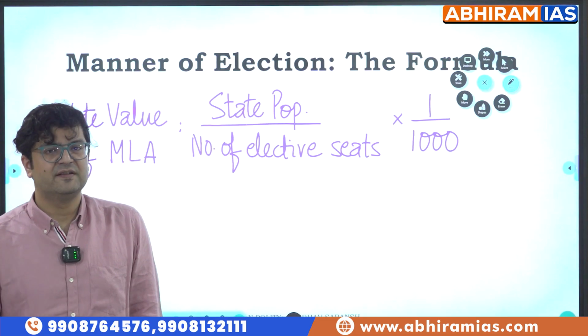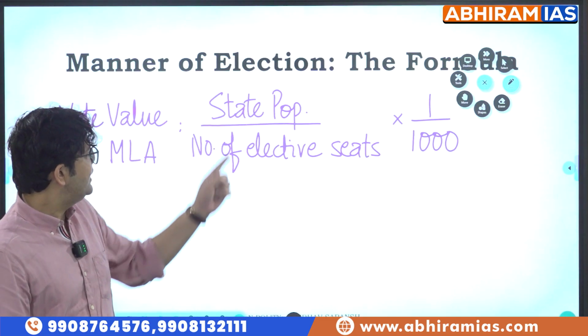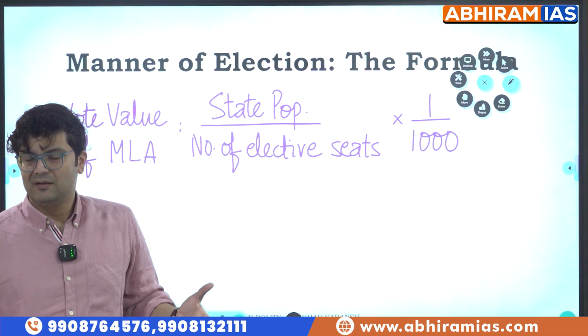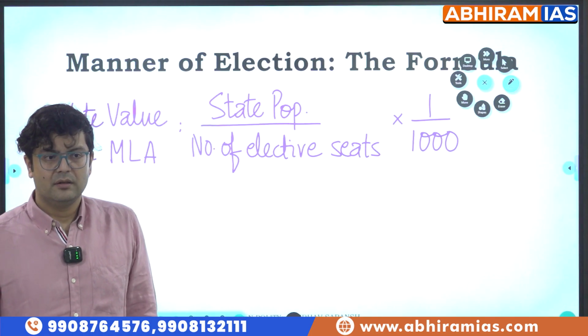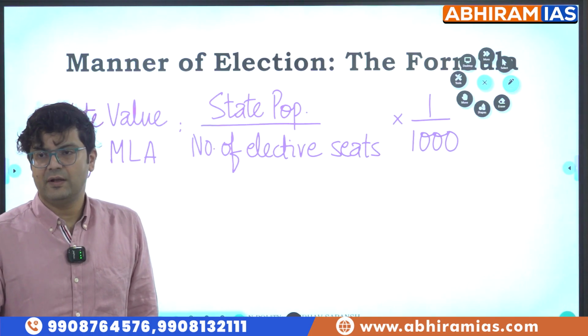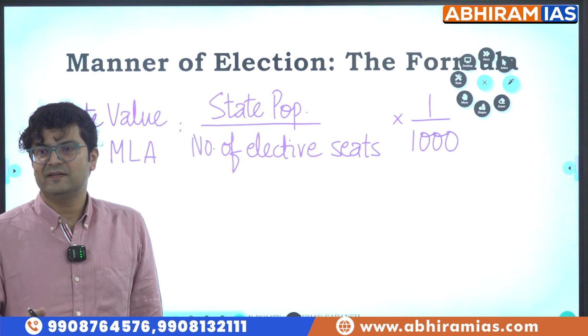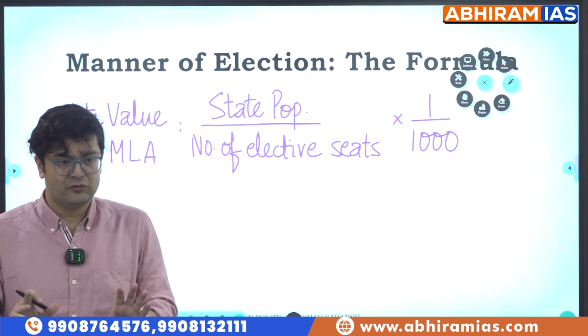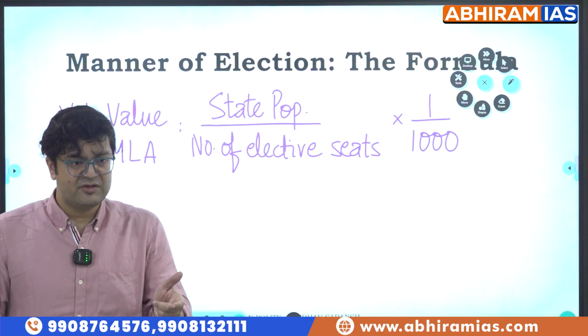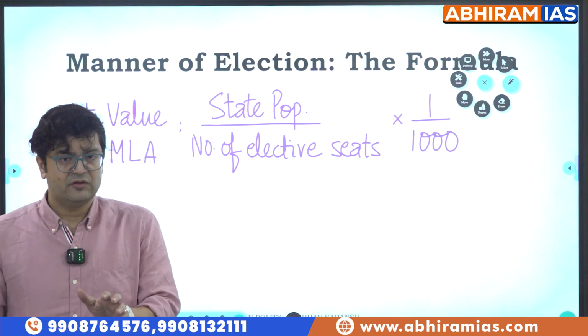But again, a small concern here. State population, when? Yesterday, today, 5 days before yesterday, 2011 census, 1951, when? Which population? That's also a confusion, right? Change in population will change the vote value. Yes or no?